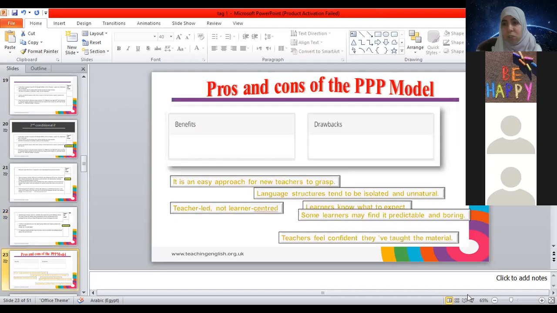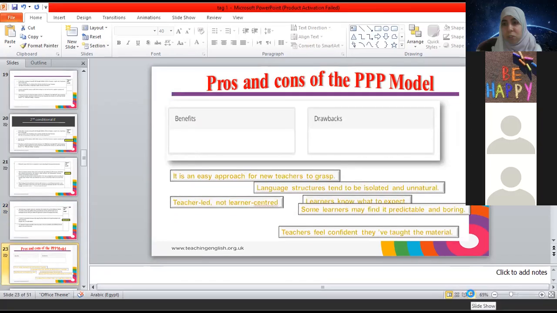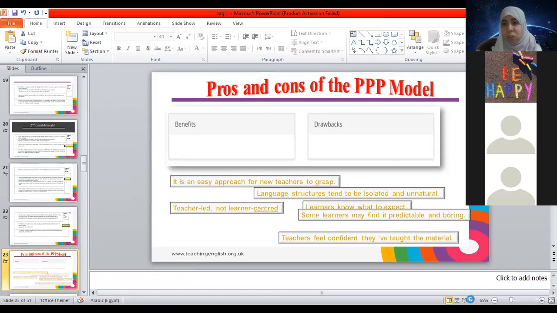Okay. So I'd like you to look at the benefits and the drawbacks here. So the benefits: it's an easy way for the teacher, especially the new teacher.